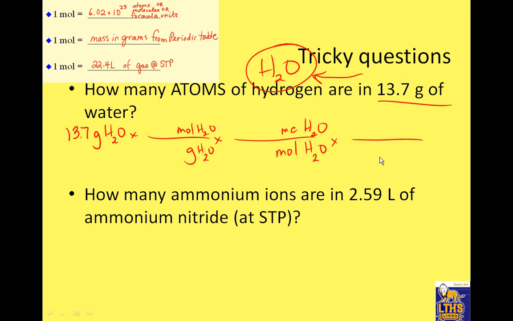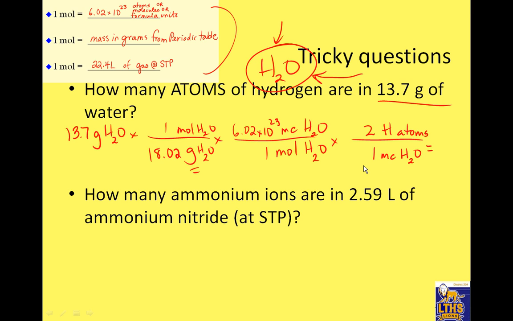All right, but then for every 1 molecule of water, there are actually 2 hydrogen atoms. So that's our last step, but we're not using these conversion factors. We're using the fact that water has 2 H's. So 1 mole is 18.02. How do I get that? I go to the periodic table. And then 1 mole has Avogadro's number of molecules.